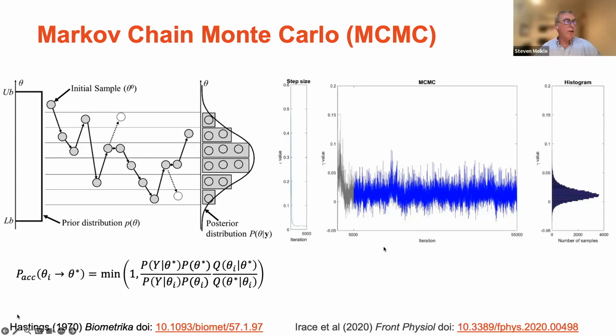I think it shows quite nicely just the idea of the generation of this Markov chain. You can see that the burn-in phase there is shown in grey as the algorithm is settling down to, I won't use the word steady state just to avoid confusion here, but it's settling down into an equilibrium. And then all the samples from then on that are accepted in blue contribute to this histogram shown on the far right, which is your posterior density function.